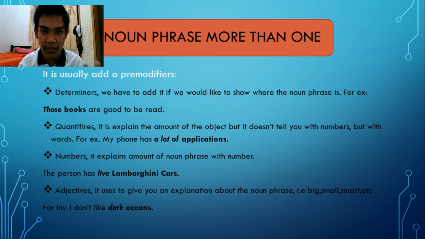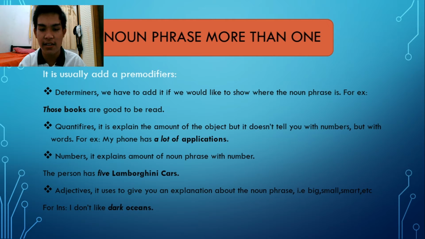And then the third, numbers. Same like quantifiers, but numbers explain the amount of the noun phrase with numbers. So in my opinion, it is more accurate. We could say, for example, the person has 5 Lamborghini cars. 5 is the numbers and Lamborghini cars is the noun phrase.